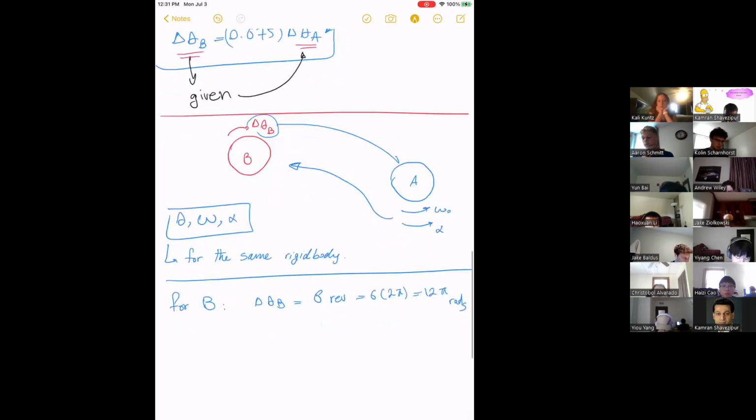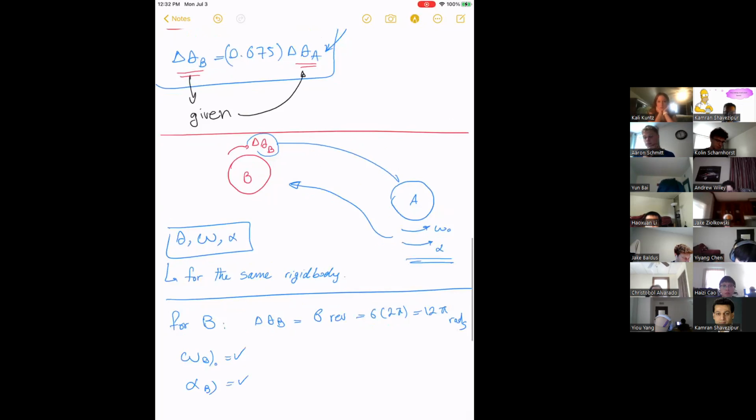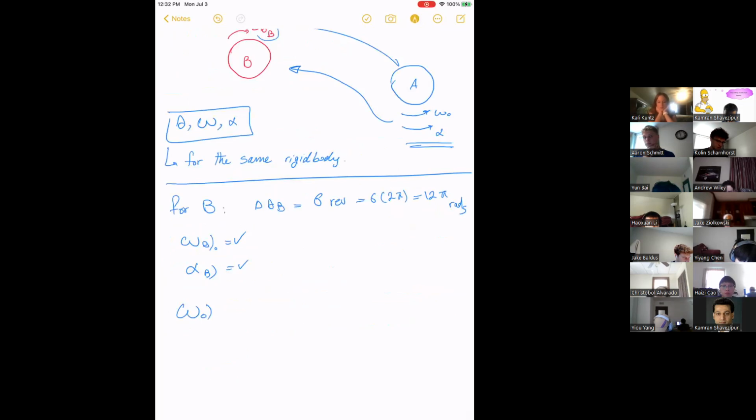I need to find omega B at the beginning and alpha B, and how I can do that. Remember, this information is given for A, and I can relate A to B. So technically, if omega A0 is given, which was how much? Let me see. 5 radian per second.